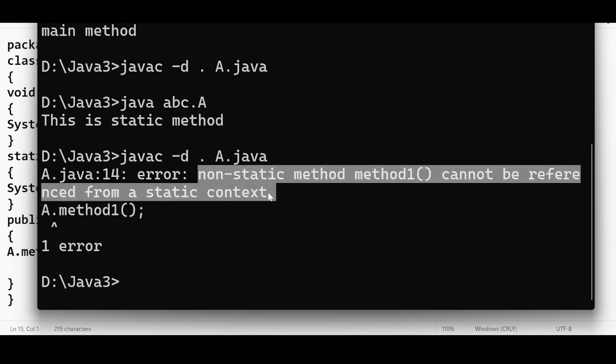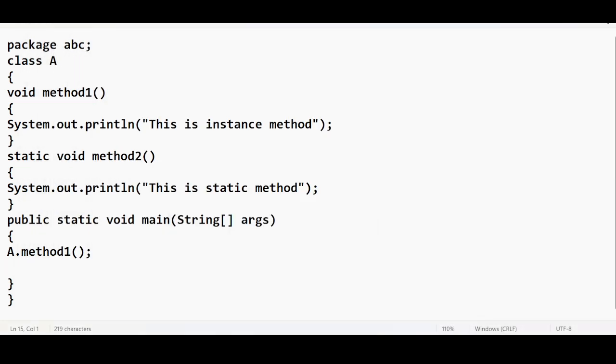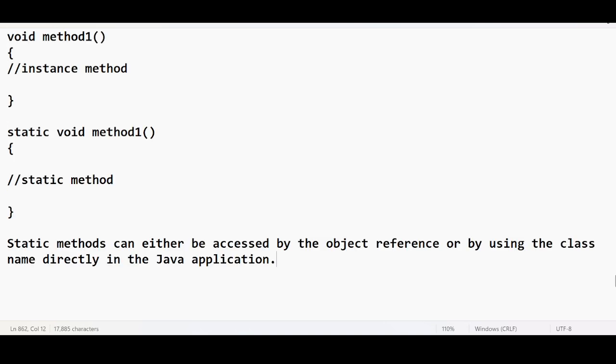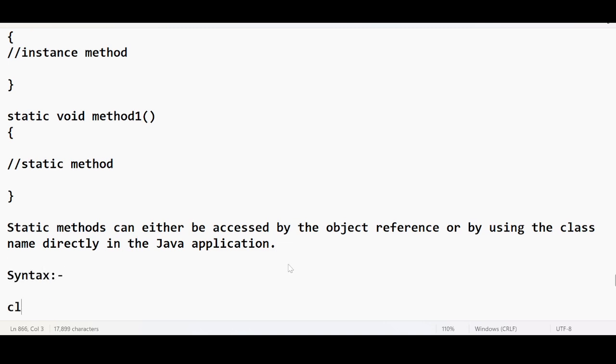It means object creation is mandatory to call a non-static method from a static method. But to call a static method, you can do it this way. This is one of the ways. Syntax: class name dot method name.